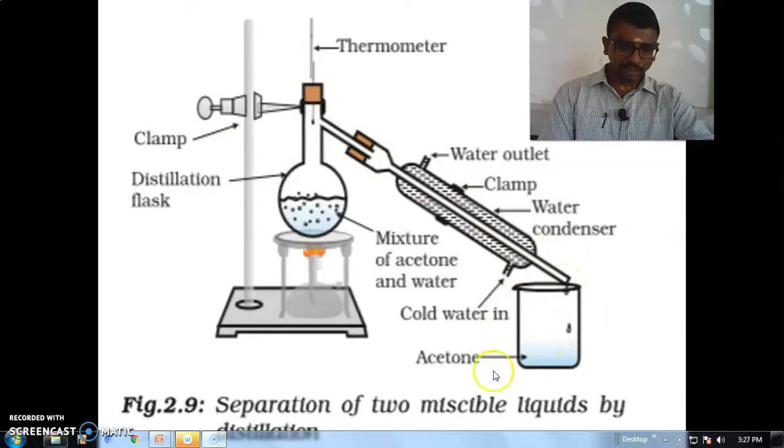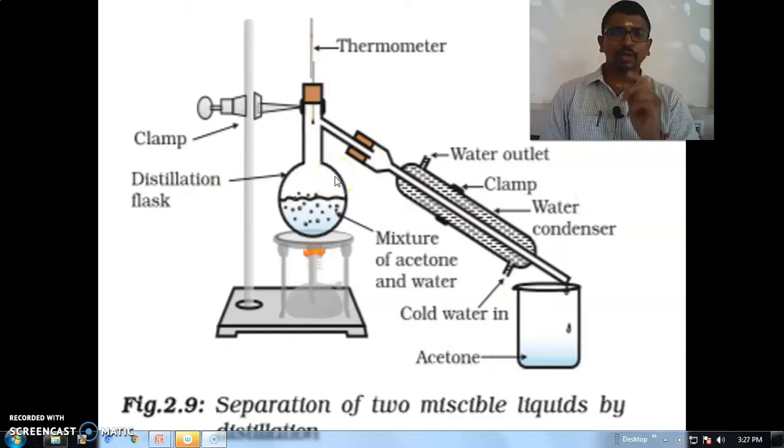We can collect the acetone here and the water remains in the distillation flask. So with the help of distillation, we can separate two miscible liquids.